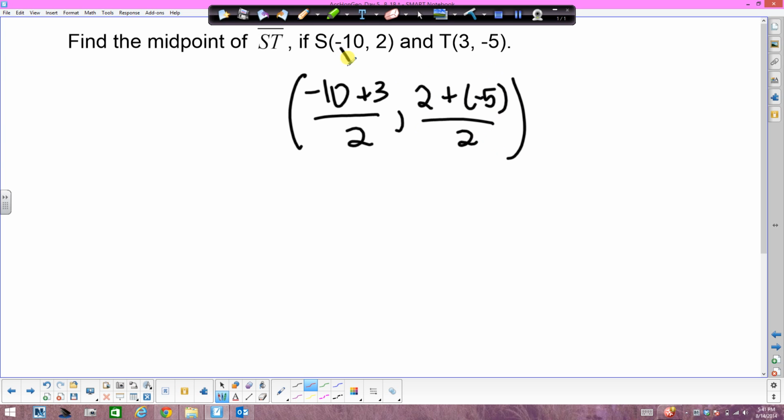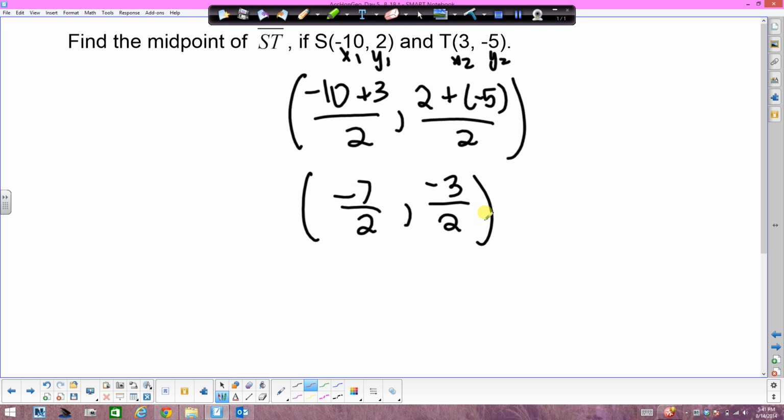And we got those from doing x1, y1, x2, y2. So -10 plus 3 would be -7 over 2. And 2 plus -5 would be -3 over 2. And you can't simplify those, so that would be your midpoint.